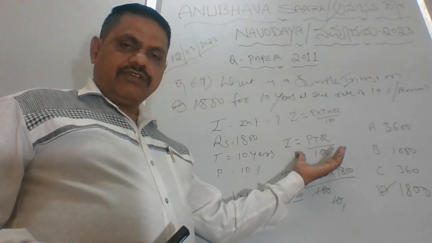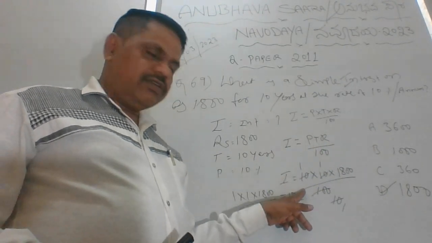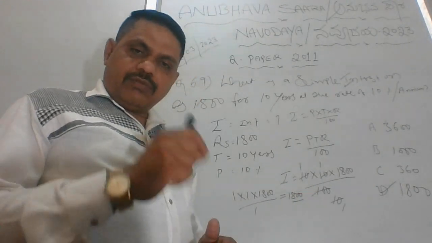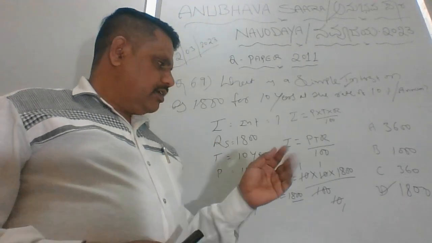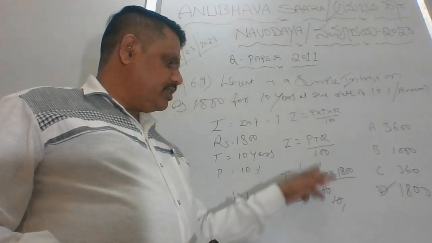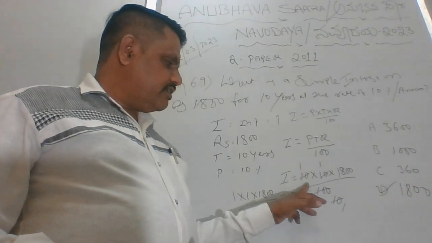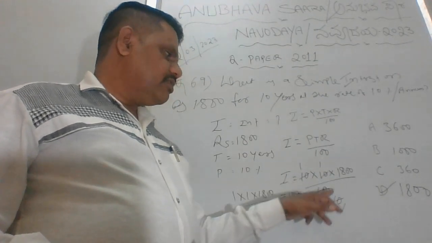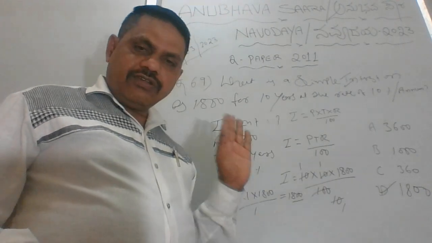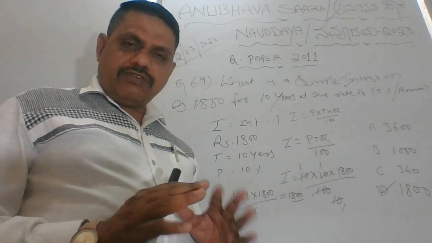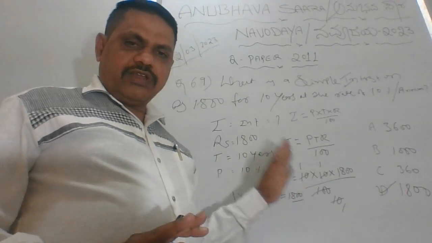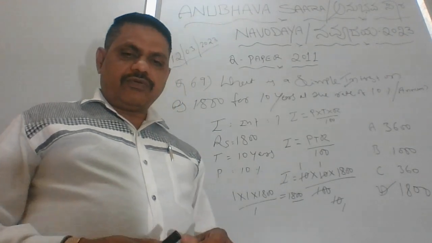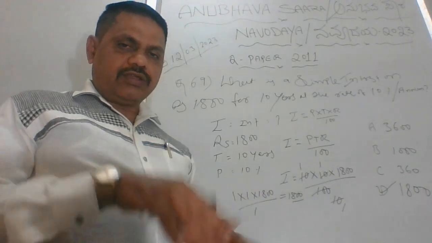You can write it directly, or else, if you know what P is, you can write in the rough page at the last page of the OMR sheet booklet: I is equal to P into T into R. Or rather than writing this, you can just write P stands for 10, R is this, T is this, divided by 100, and you just divide it. It may take 35 to 40 seconds or max 1 minute. You can spend 1 minute on this kind of question. It's worth it. It is not a problem for you. At that time you can utilize the rest for the other questions.